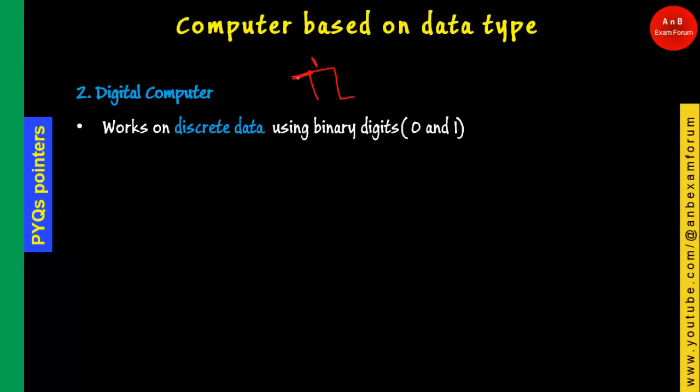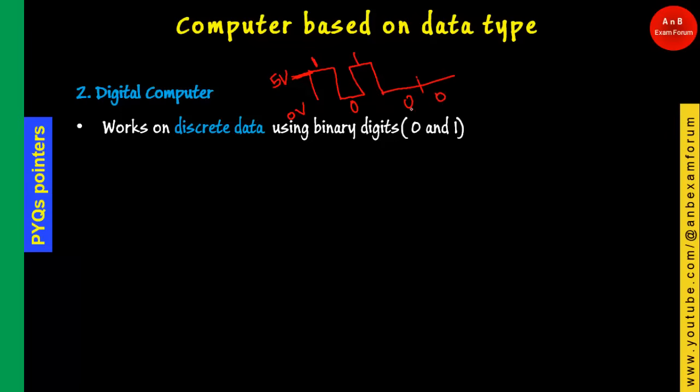If my voltage is 5 volts, I consider it a 1. If it is 0, I consider it a 0. If my voltage rises to 5 volts, I will make it 1. If my voltage remains 0, I will make it 0 at my sampling rate.